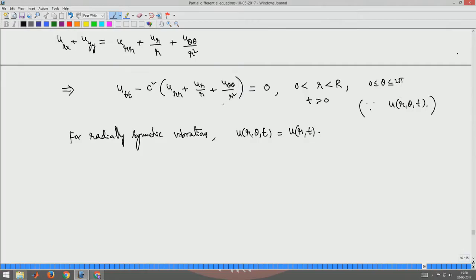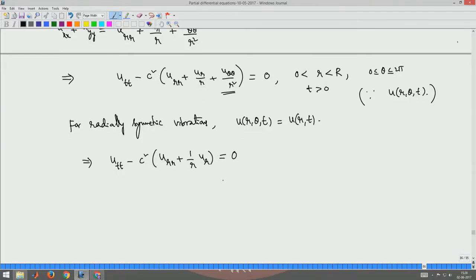So, if you do that, this term is 0. So, the equation becomes u t t minus c square times u r r plus 1 by r u r equal to 0. Now, the domain is r between 0 and R, theta is anyway independent, and t is positive. So, you have two variables, u is only a function of r and t.